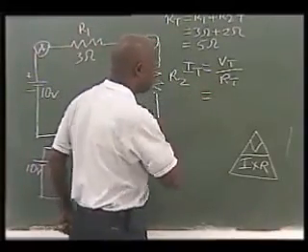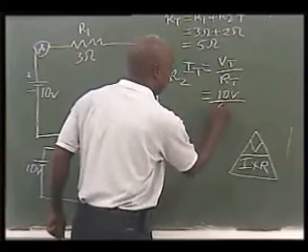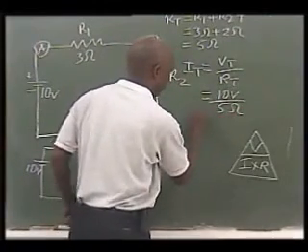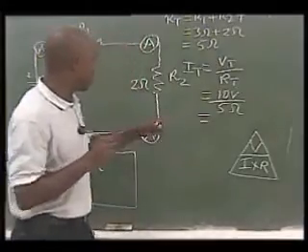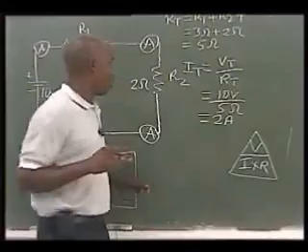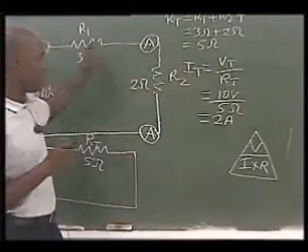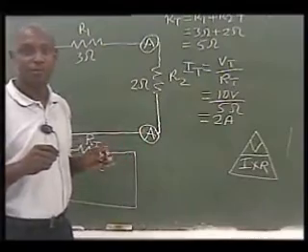And if we were just to substitute in the values, it will be 10 volts divided by 5 ohms. And of course, we have the simple answer of 2 amps. So in this circuit, the total amount of current that is flowing is 2 amps. Okay?